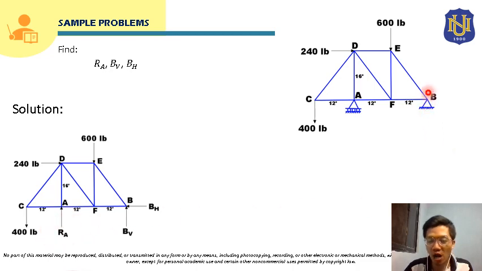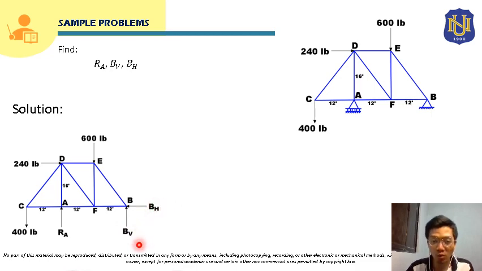And now for our hinge at B, since we know that for hinges, there will be one horizontal and one vertical reaction. So this will be the vertical and horizontal reaction provided by the hinge at B, and we will name them BV and BH.